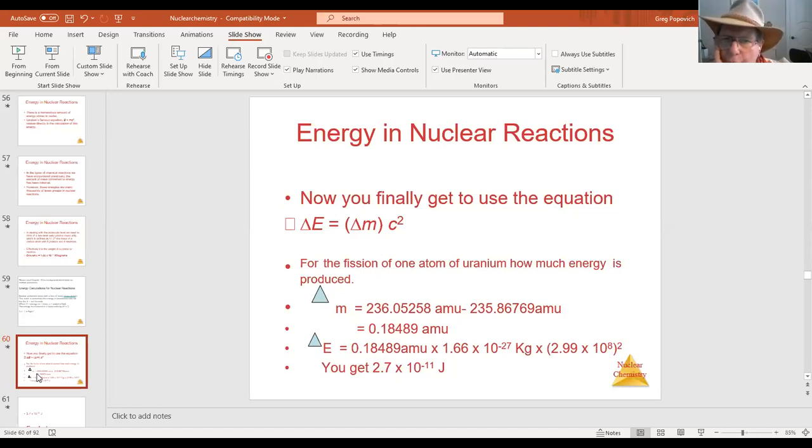How many molecules did I just figure out the energy change of? Is it the 0.18? No, that's the weight. AMUs are weight. 2.99? Nope, that's the speed of light. How many molecules am I talking about that I have 2.7 times 10 to the minus 11 joules?